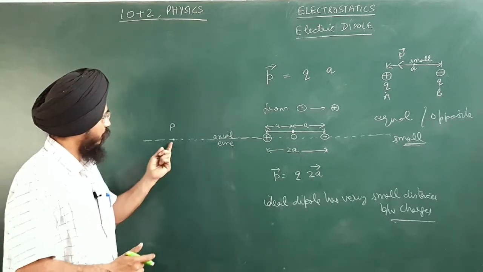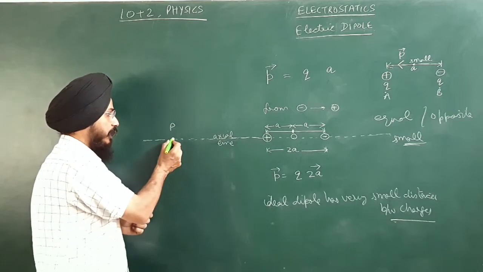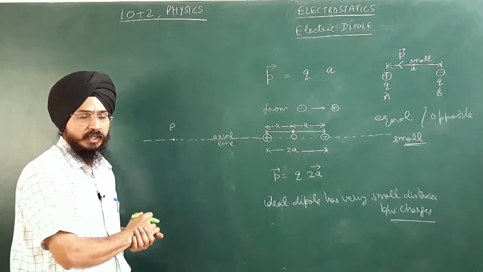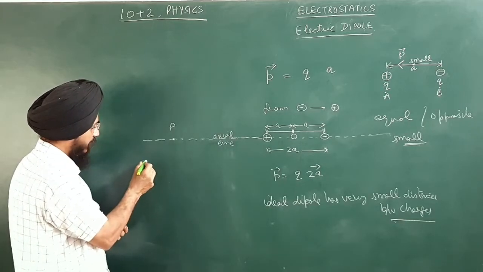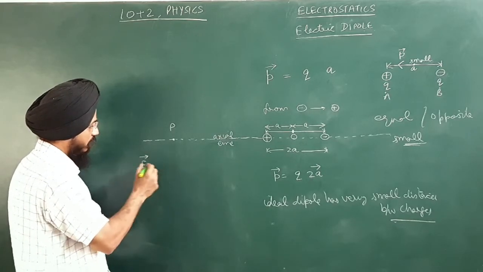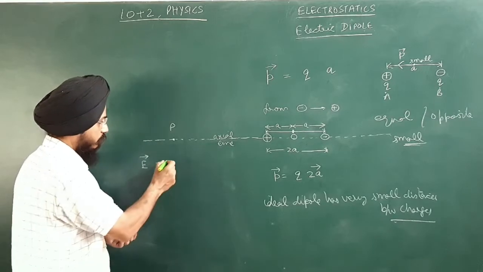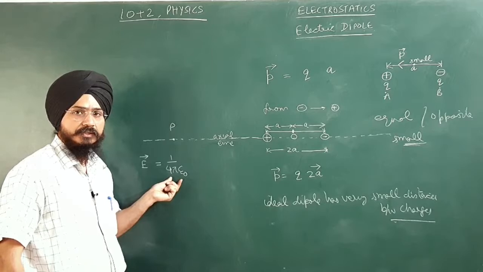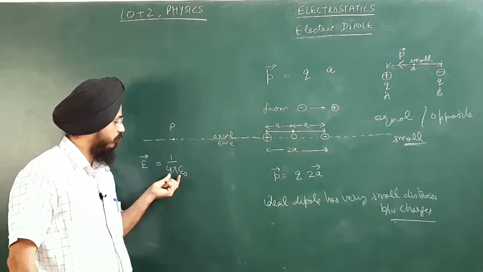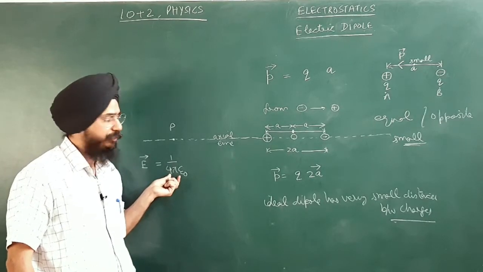Now if we have to find the electric field at this point, what will we need? We know that electric field has a formula E equal to 1 over 4 pi epsilon naught. This is the standard part which we always write.